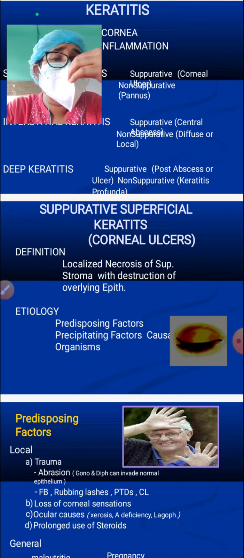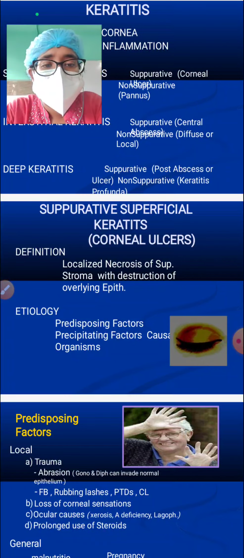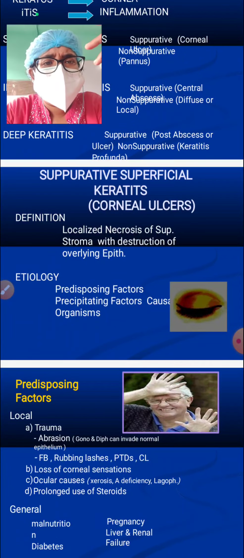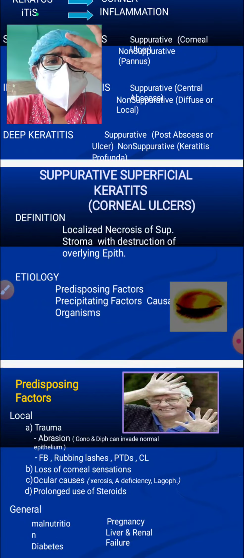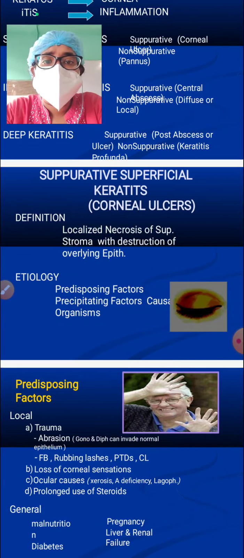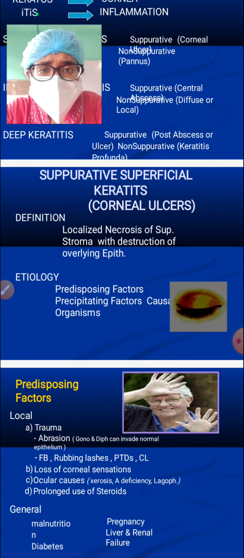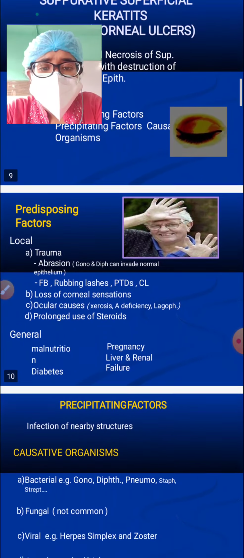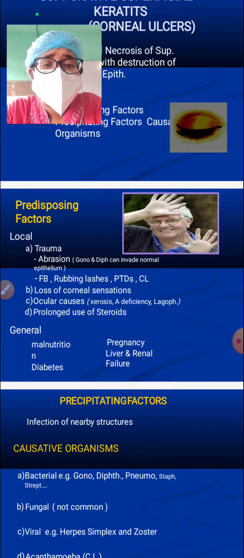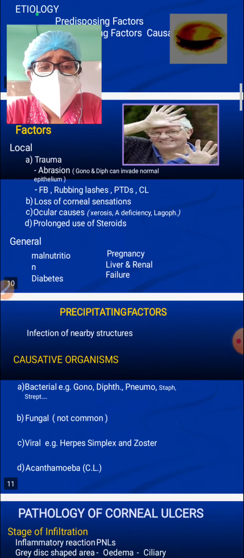Local immunity may be low. How? By inflammations, like infections of the lacrimal sac or various conjunctival glands, or there may be trauma. So these are the predisposing factors. Even loss of corneal sensations, malnutrition, these are all the predisposing factors of ulcer.